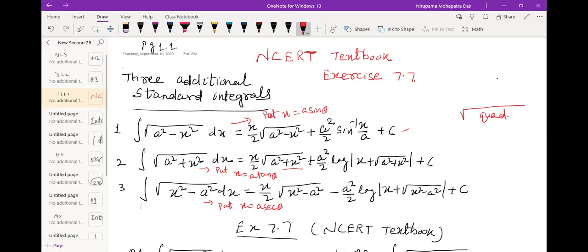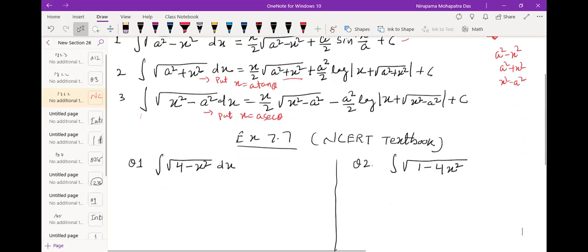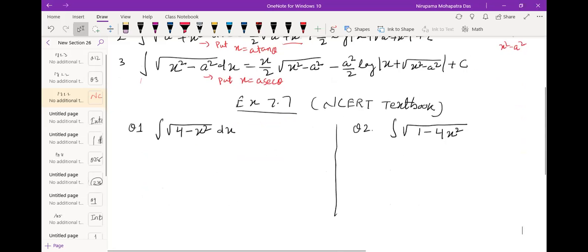Whenever you have under root quadratic, we make it a perfect square, and by simplifying this quadratic expression, we can reduce this to either a square minus x square, or a square plus x square, or x square minus a square. That I'll show you in the question. So now let's be very focused on these three standard forms, and we'll begin with the class.